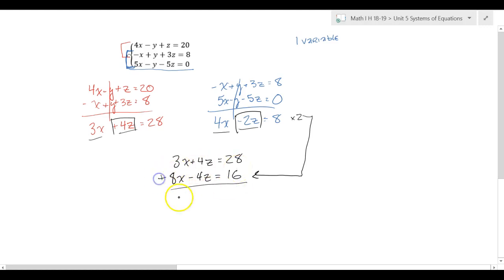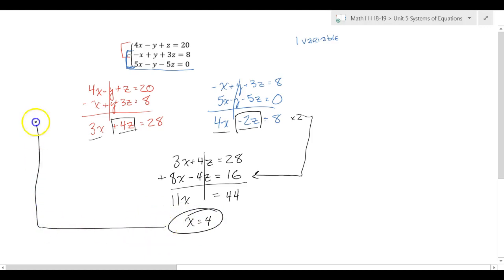These are opposites, so I add, I get 11x. That eliminates, equals, well, that's going to be 44. So x equals 4. Now, I take that x and I start to work my way back upwards because I now have 1 variable. Once I have that, I'm going to choose one of these 2 equations to work with.